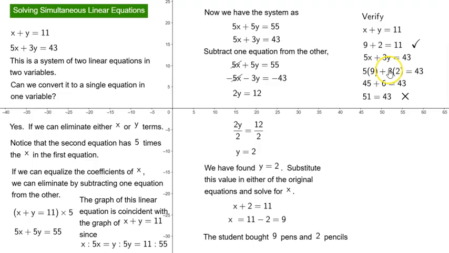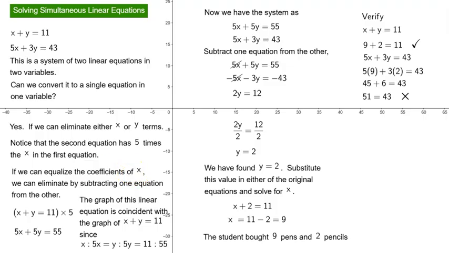So let's simplify the left hand side. 9 fives are 45 plus 3 times 2, 6, is equal to 43. But we have ended up with 51 is equal to 43. That means our solution is wrong. So we have to go back and go step by step and see where we made a mistake.